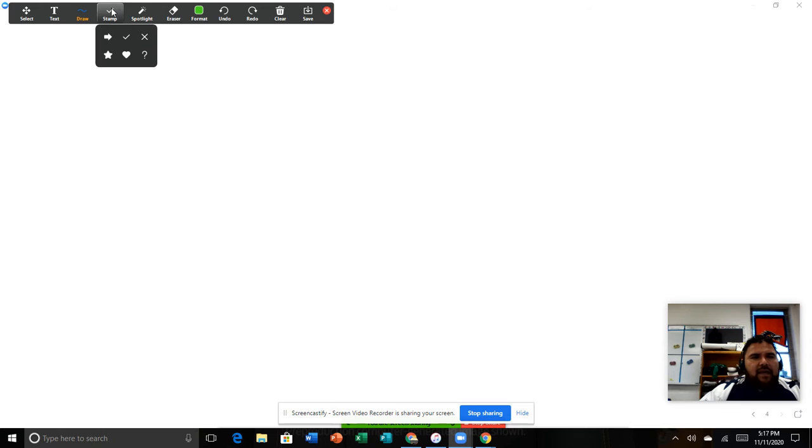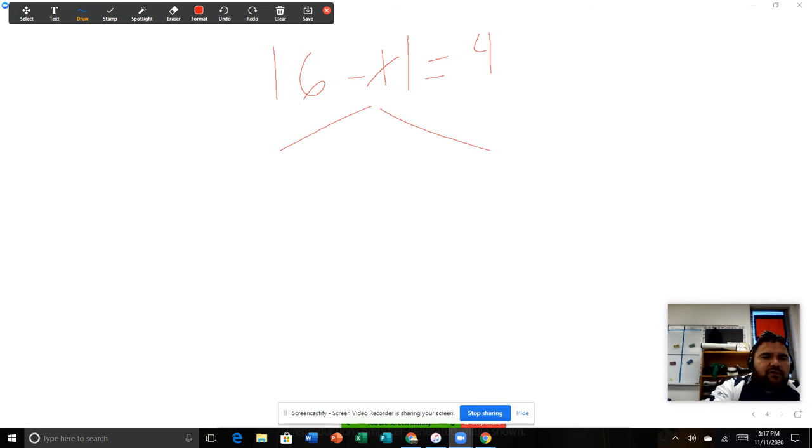Then I have my next equation. We have this one, the absolute value of 6 minus x is equal to 4. Again, two equations, drop the absolute value. 6 minus x equals 4. 6 minus x equals negative 4. See how I switched that number? Subtract 6 from both sides.